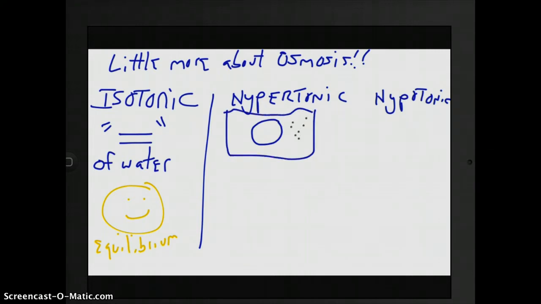There are lots of particles in the solution, but very little water. So the water will flow out. The cell will shrivel. Water moves out.